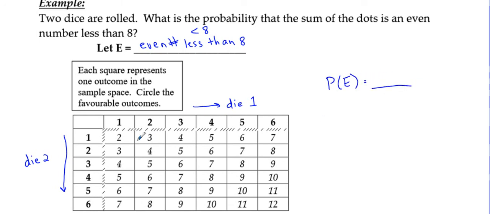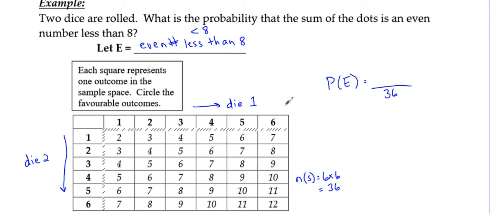So because you have 6 outcomes on the first die and 6 outcomes on the second die, the number of outcomes in total are 6 times 6, which is 36. So when rolling two dice, there are always 36 outcomes.